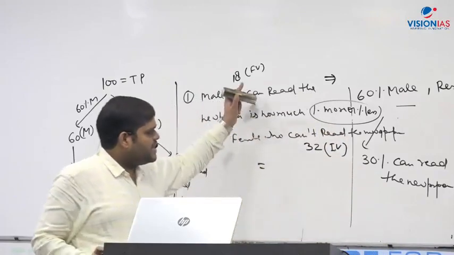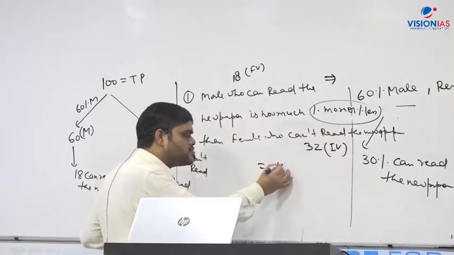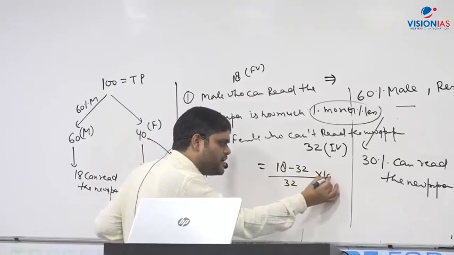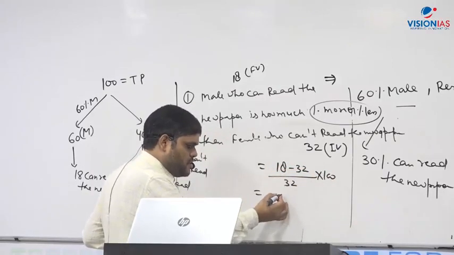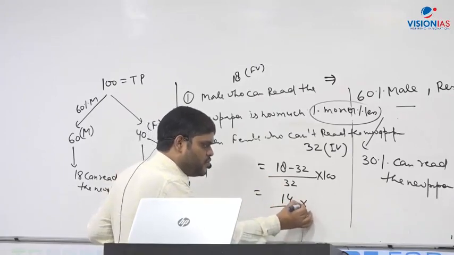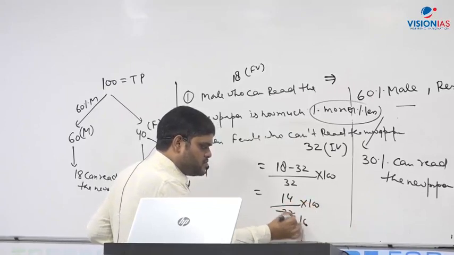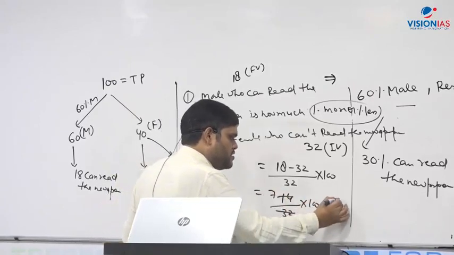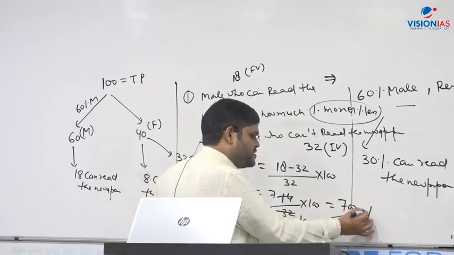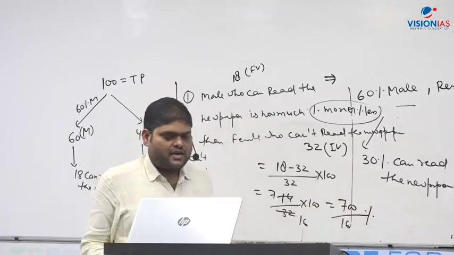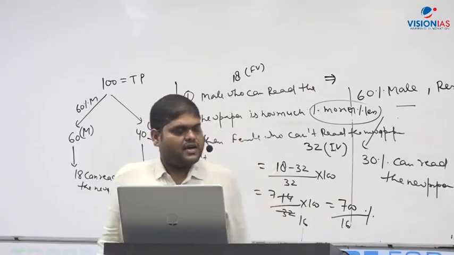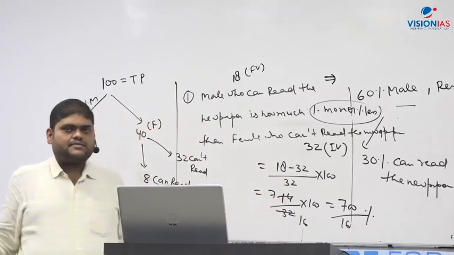So it is 18 minus 32, upon 32, into 100. That is minus 700 upon 16 percent. You can solve this and you will get your answer.